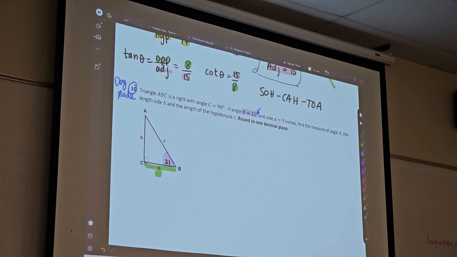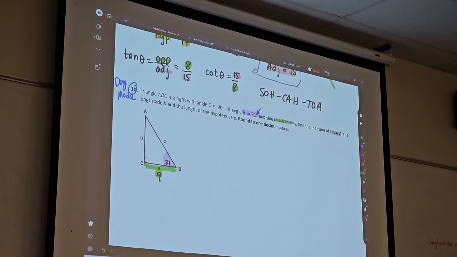A is 9, and then find everything else. Find angle A, and then the lengths here, side B, and the hypotenuse.